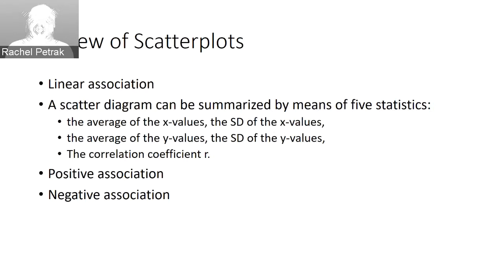As x goes up, y goes down. The final thing we get is an idea of the strength, but you get a better idea of the strength from the correlation coefficient. You can see the strength in how closely packed the points are around the line.